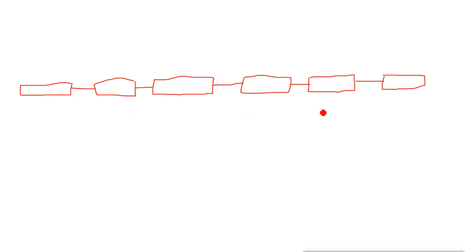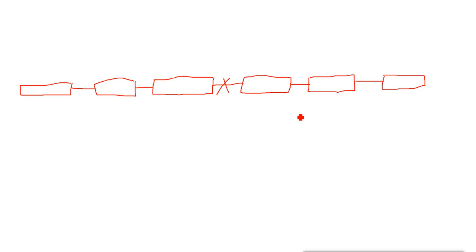This linear topology can have a problem. It can have a problem if suppose this link disconnects, because of some reason this link is not working. Then what happens? My whole network will divide into two parts.